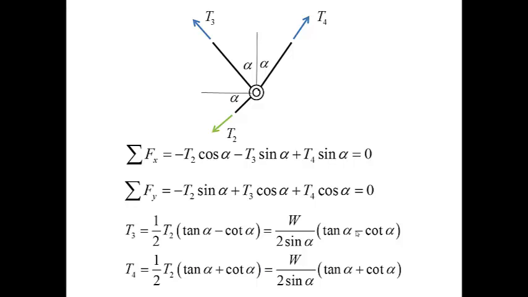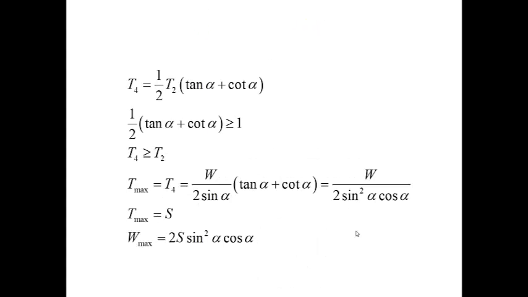So I have determined that T4 is larger than T3, and now I would like to express T4 in terms of T2 because I need now to compare T4 and T2.